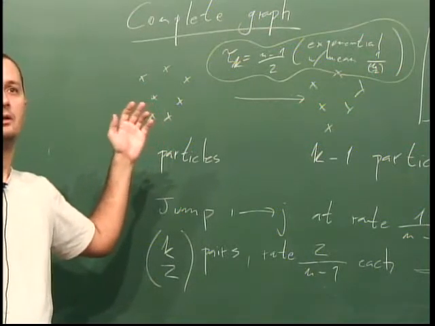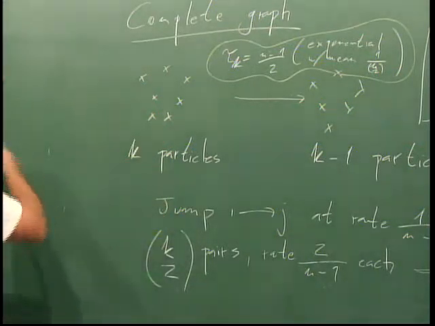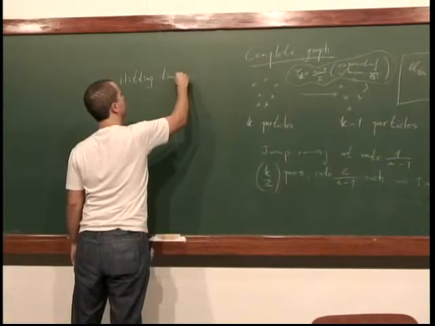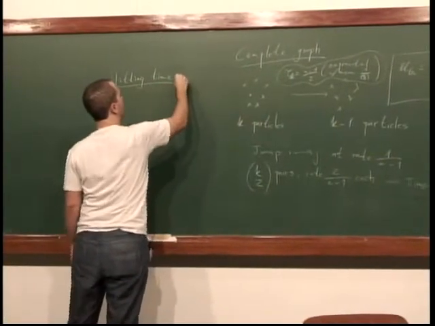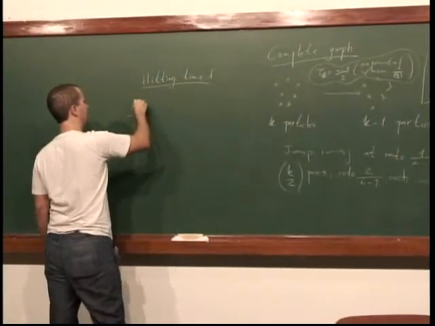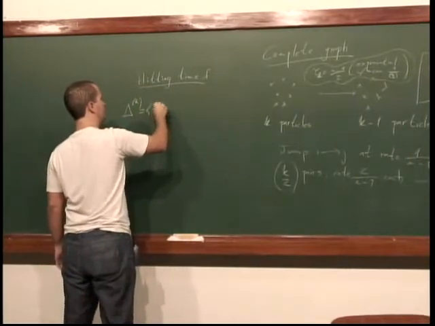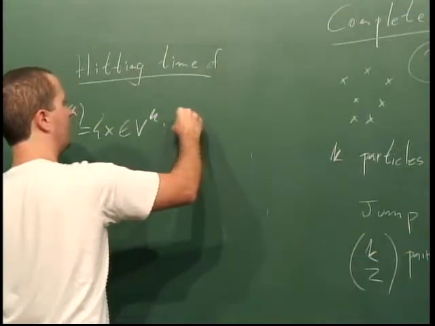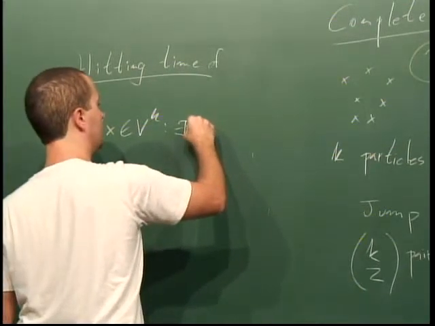You're looking at the hitting time of a set, which I'm going to write down as K, the set of all vectors of vertices raised to k, where two coordinates are equal.